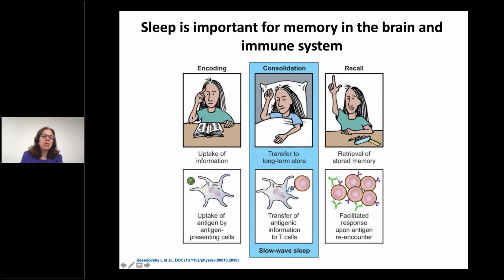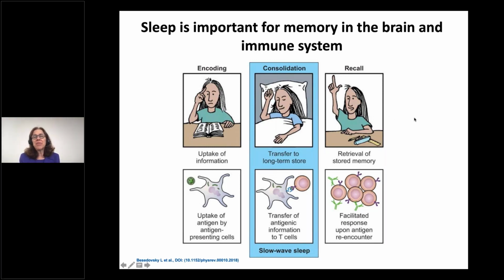So during the daytime, whether we know it or not, we're always learning things, we're experiencing the world. Those memories are consolidated during sleep. We transfer memories from short-term to long-term storage, and the next day we are better able to recall that.